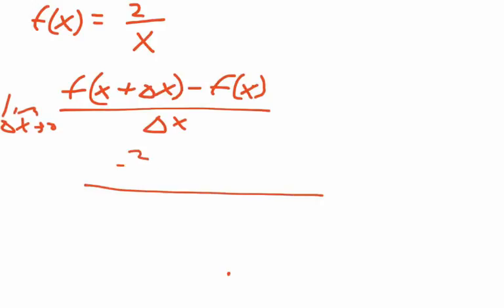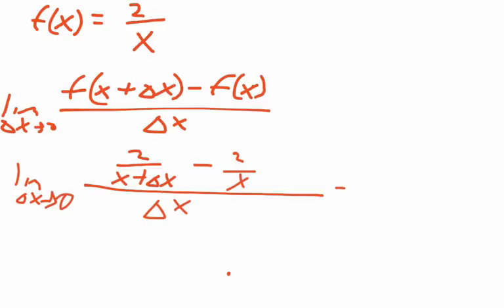So I got 2 over x plus delta x, because everywhere I see an x, I put an x plus delta x, minus 2 over x, divided by delta x. Limit as delta x approaches 0. So I'm going to use the old-fashioned, how do you get a common denominator?